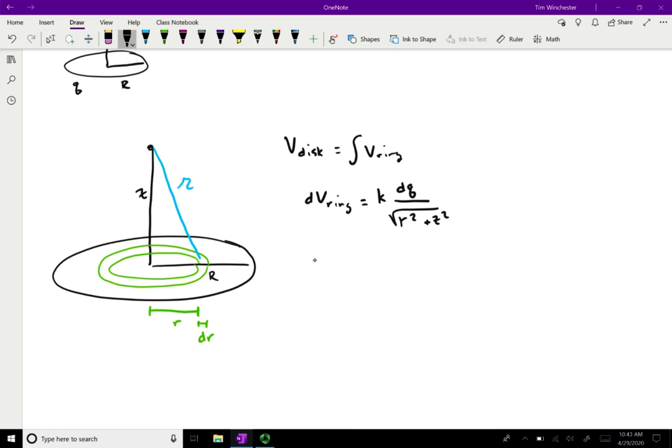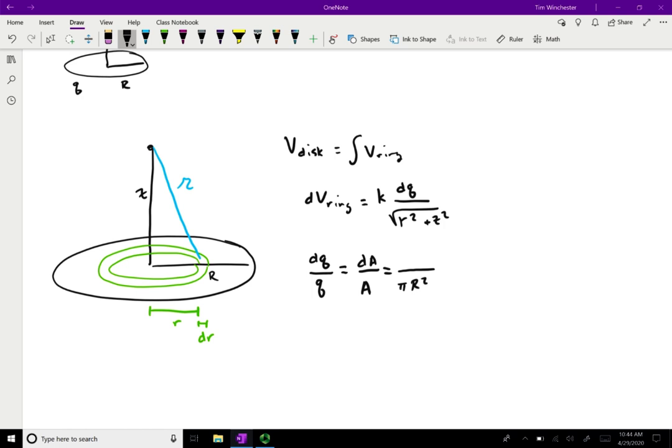So the way I want to think about this is that the charge on that ring as a fraction of the total charge is going to be equal to the area of that ring, dA, over the total area of the whole disk. If 1% of the charge is on a small ring, then that's because it has 1% of the area. So what is the formula for the area of the whole disk? Well, that's just going to be pi times capital R squared.